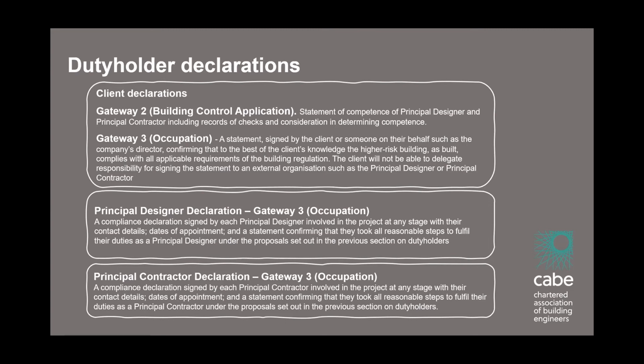So this has now changed, and although a statement that says you've taken all reasonable steps to fulfill duties as a principal designer includes a duty to coordinate matters and seek to ensure that the work complies with building regulations, it's a more reasonable level of surety, which is reasonably insurable.